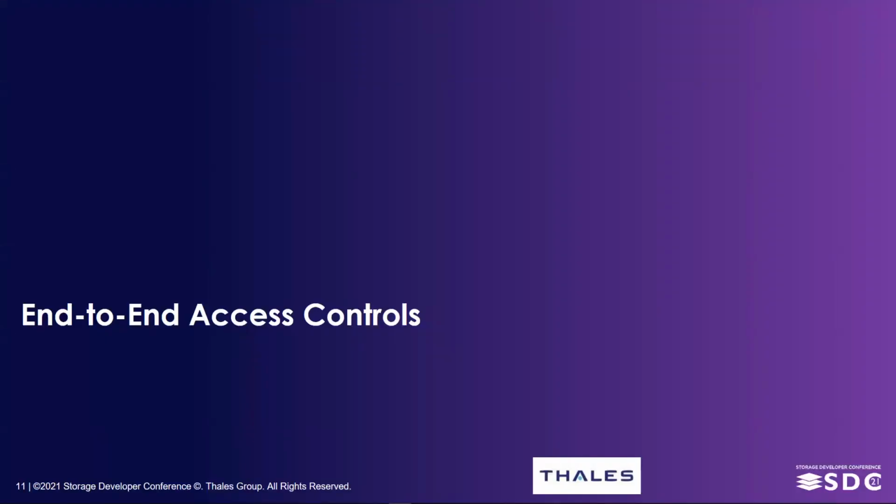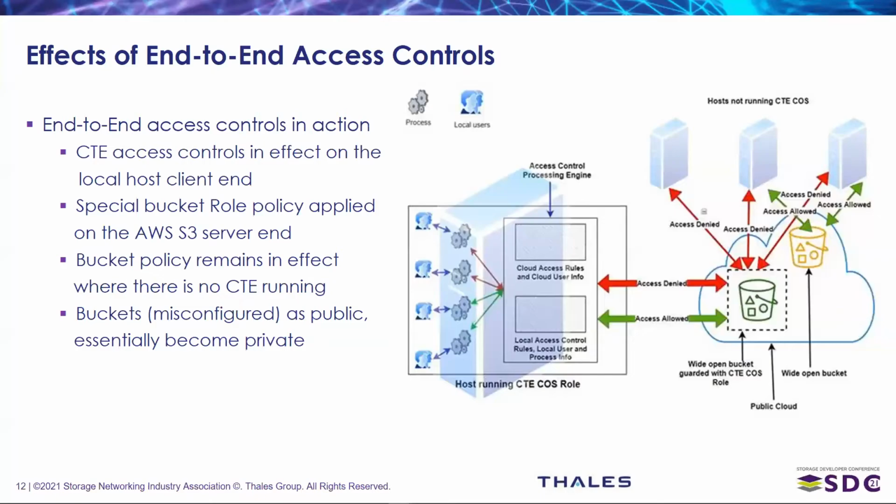So let's take a look at this end-to-end access control. The idea behind the end-to-end access control feature is to basically leverage two existing available points of control, one on the local CTE host and the other on the remote AWS server end.